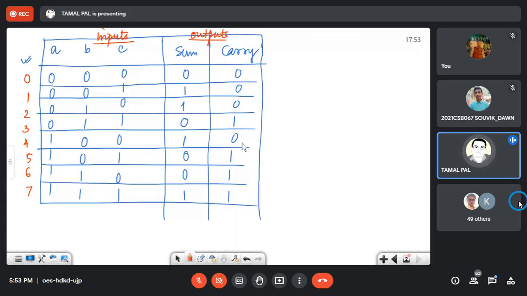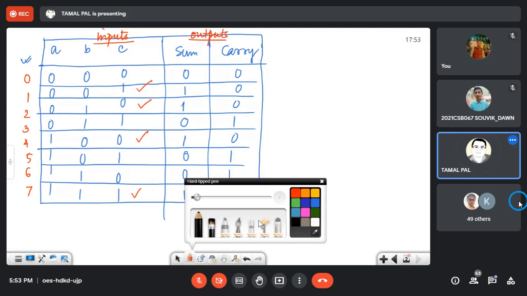So let us identify the ones. This row, and this row and this row for sum.